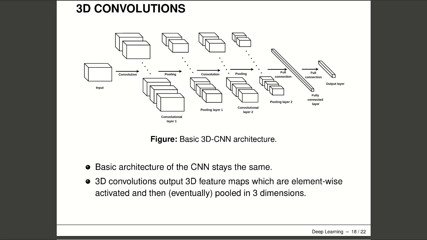The basic architecture of the CNN stays the same for either 3D, 1D, or even 2D. 3D convolution outputs 3D feature maps, and the feature maps are created similar to 2D. It's like an element-wise multiplication. At the end, we have the sum, we have the activation function after the convolutional layer, and also the pooling operation here is also in 3D.